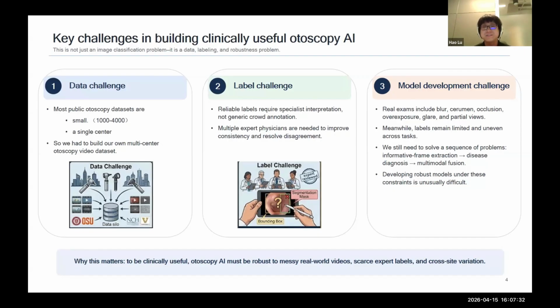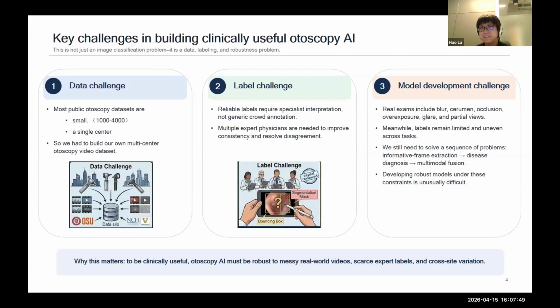And sometimes they may disagree with each other. So for every video, we need multiple experts. And only when they agree with each other will we settle on their diagnosis label.